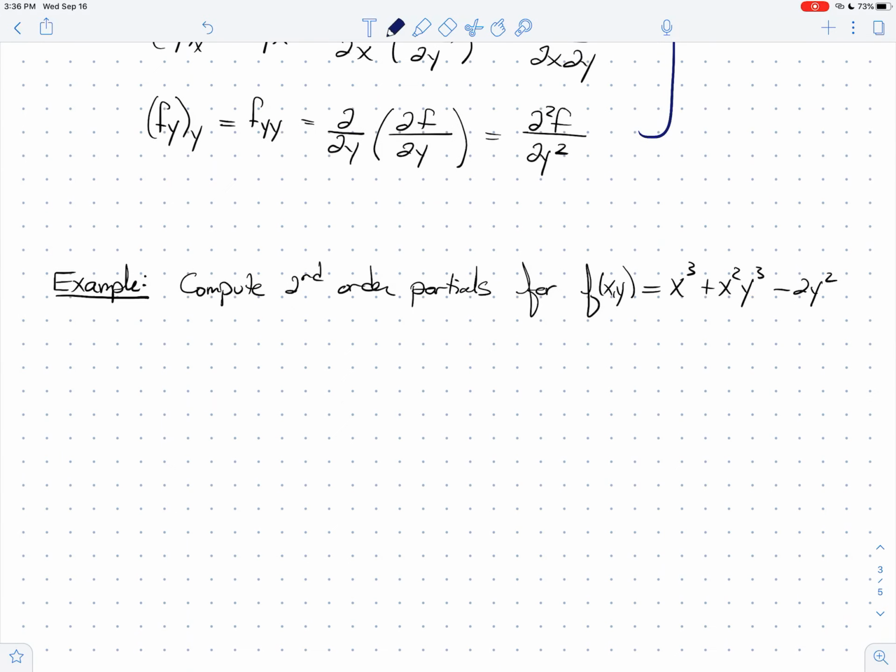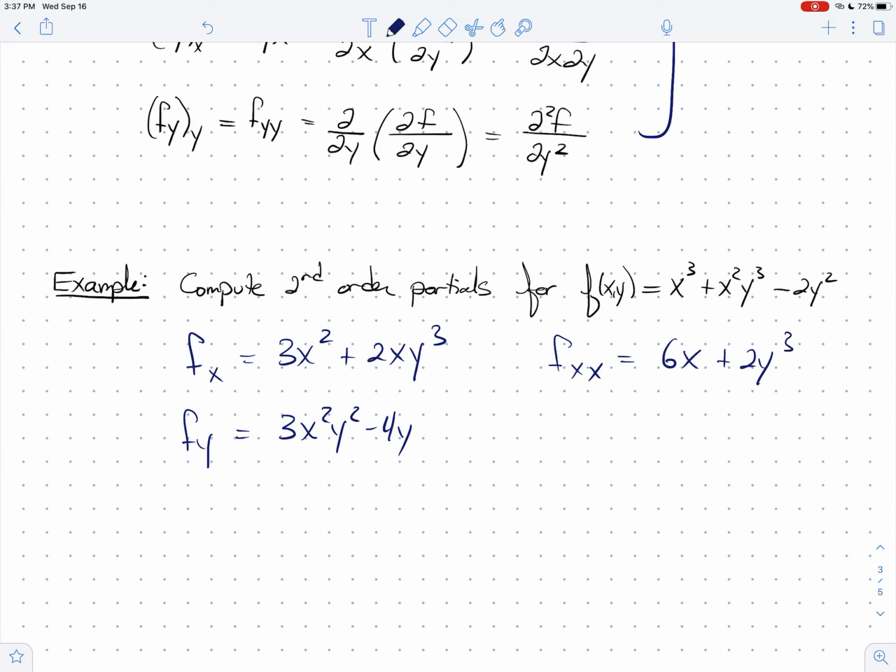So we can compute the second order partials for this function. Let's see. We can talk about f partial x, and we're going to get 3x squared plus 2xy cubed, and f partial y, and we're going to get 3x squared y squared minus 4y. Now we can talk about f partial x partial x, which is 6x plus 2y cubed.